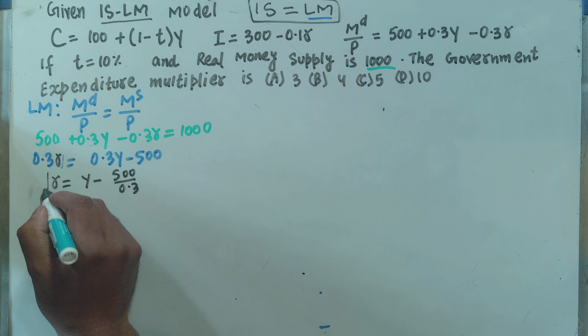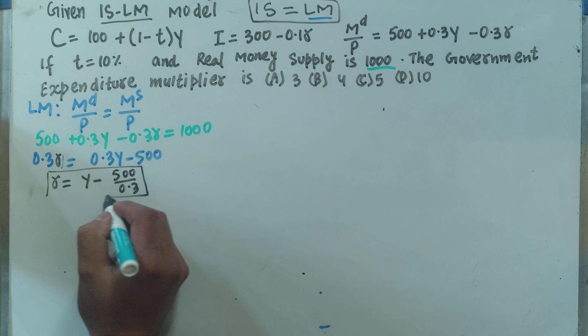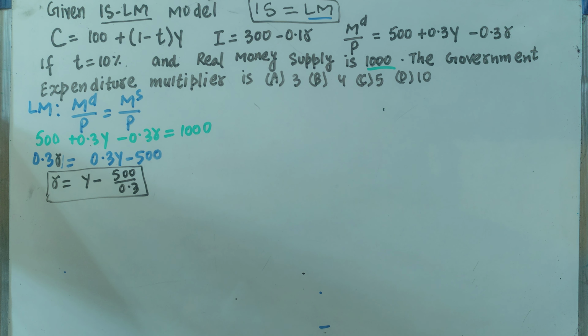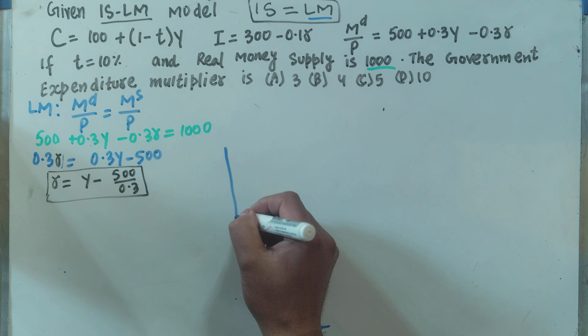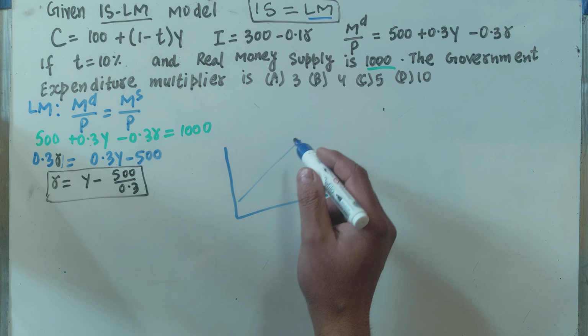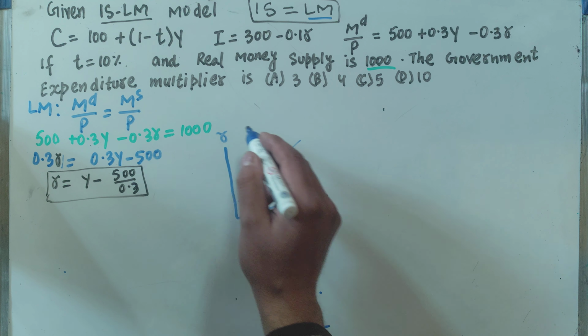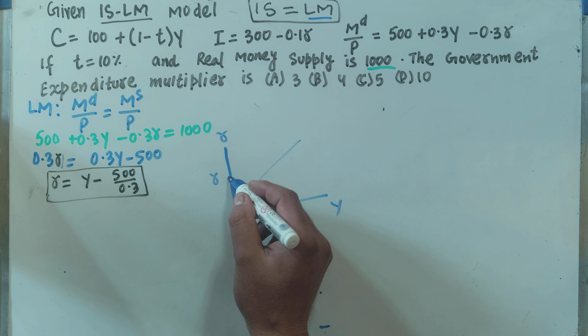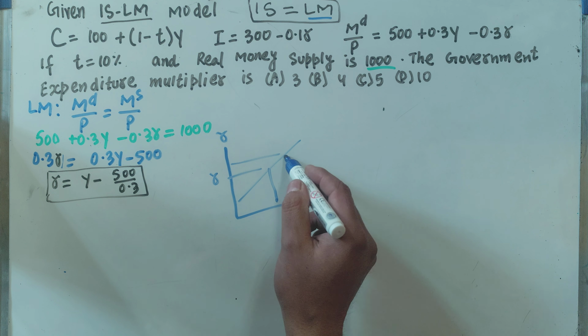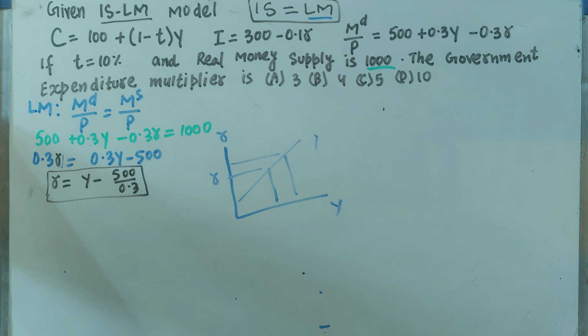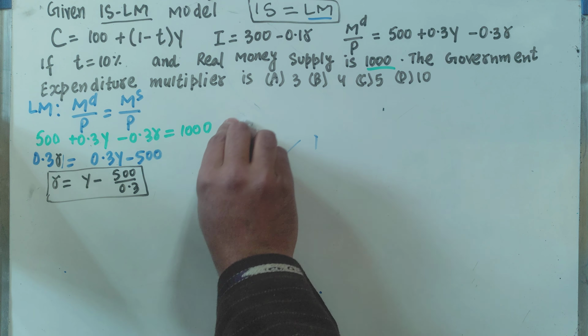This will be our LM equation. I will not go into the detail of what is meant by the LM equation. It shows us different combinations of rate of interest and level of GDP where the money market is in equilibrium. So, taking theory apart, we will solve the numerical.